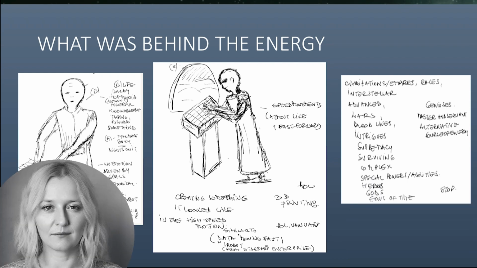Also, I felt the words of civilization, empires, races, interstellar, advanced wars, bloodlines, intrigue, supremacy, surviving, complex, special powers, abilities, heroes, gods, and eons of time, geniuses, master and servant.